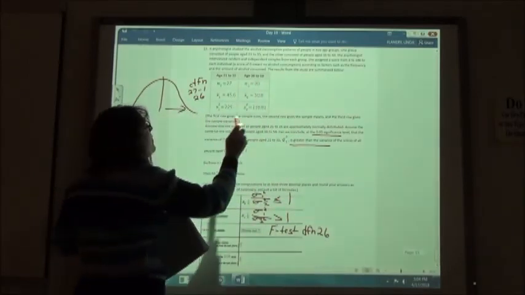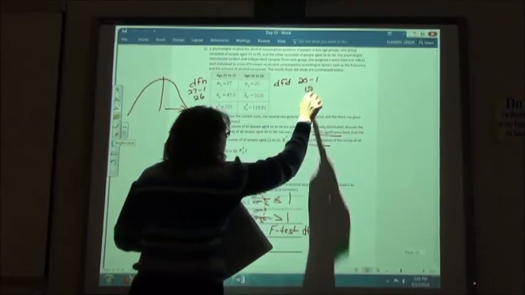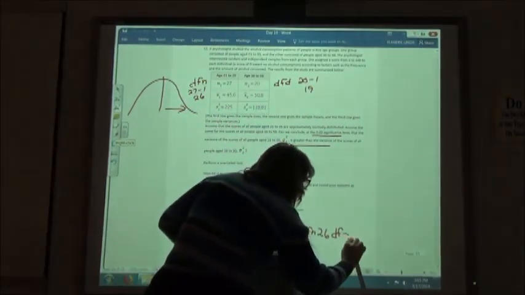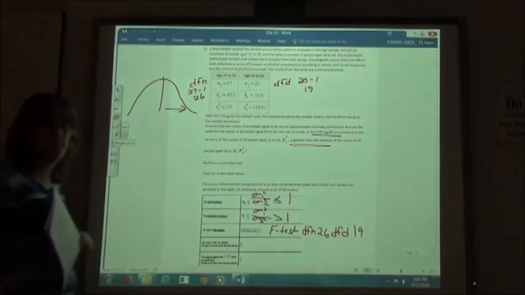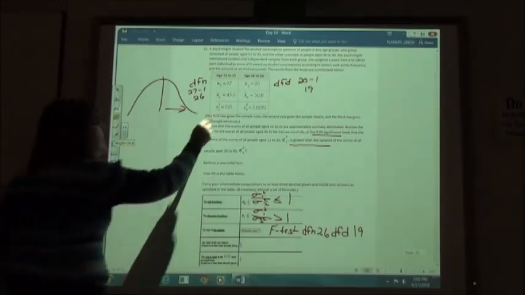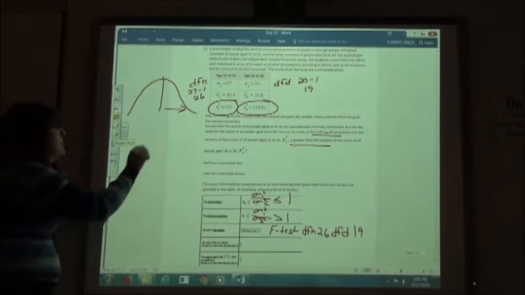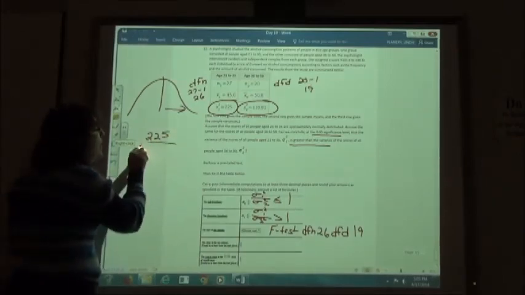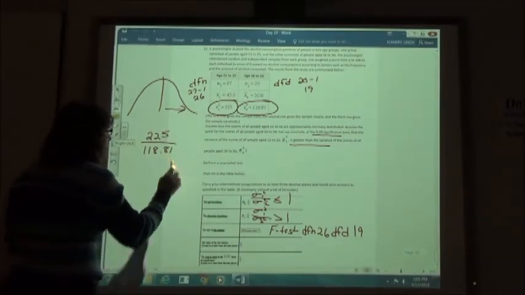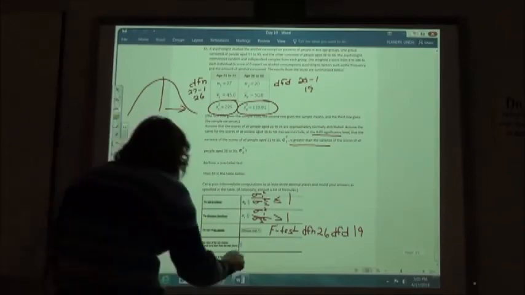My degree of freedom in my denominator, 20 minus 1, which would be 19. We need to find the value of our test statistic. And so we're just going to take our variance from our first divided by our variance of our second. 225 divided by 118.81 is 1.894.